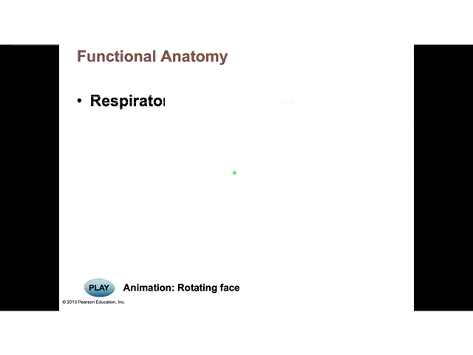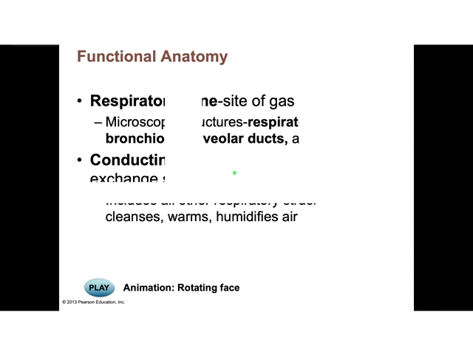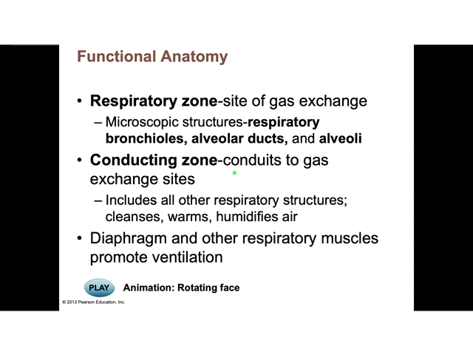Okay. The respiratory zone, okay, comes after the conducting zone. The conducting zone gets the gas down into the respiratory zone, okay, and that goes from the nose all the way to the terminal bronchioles, and its purpose is to treat the air, right?